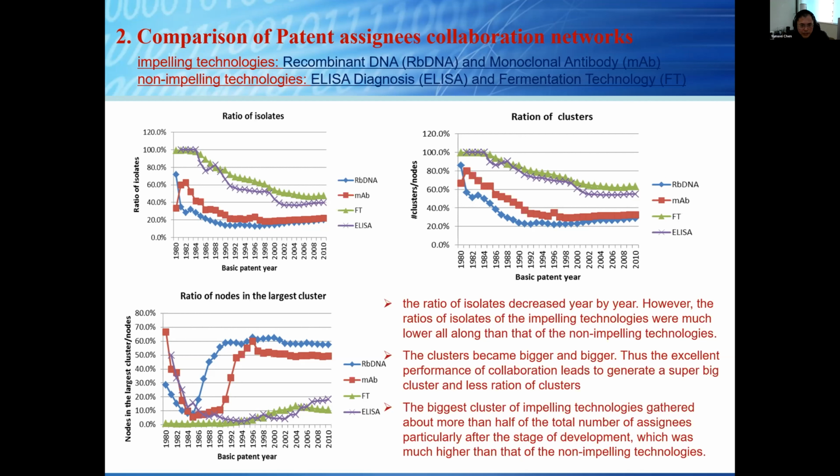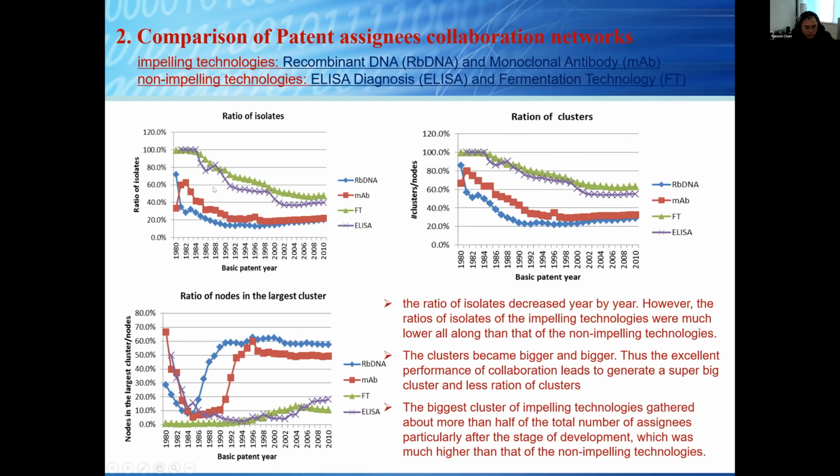But if we build the collaboration networks of the patents, we cannot find any difference. You can understand that in the networks there are more than millions of nodes. It's very hard to find the difference separately. So we calculate for the two groups.